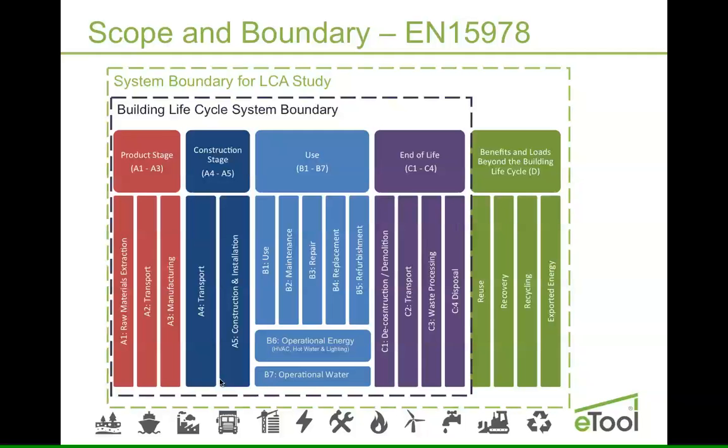And then you have module D, which is the green module here, which is the benefits beyond the building boundary, which is things like credits you get from using timber. If you burn that timber at the end of its life and you have heat recovery, for example, that creates credit for your models. Or if you're exporting clean electricity, that also creates credit for your model. So it's benefits beyond the building boundary.